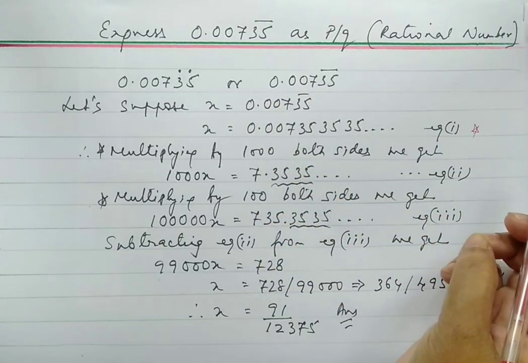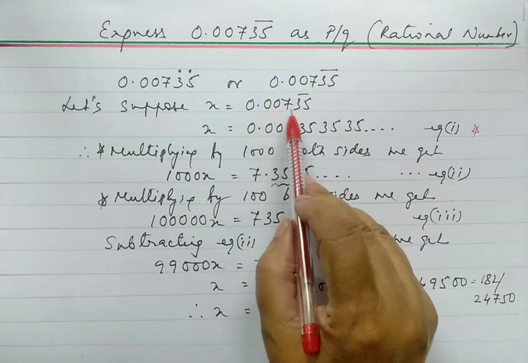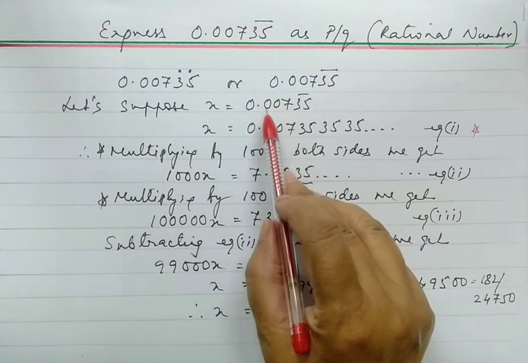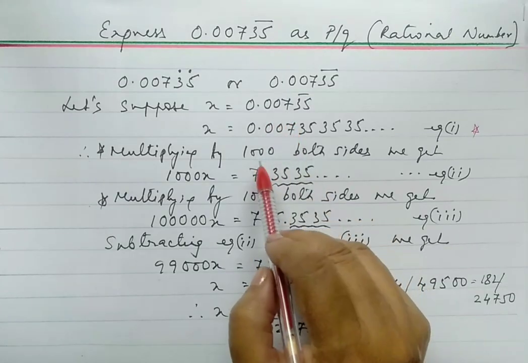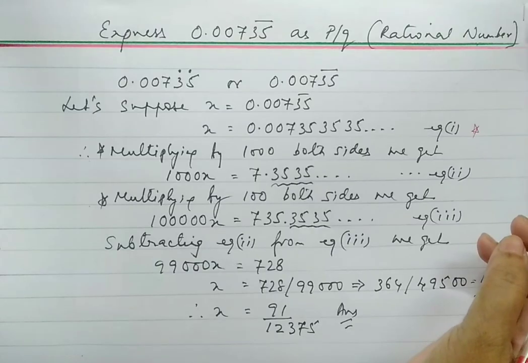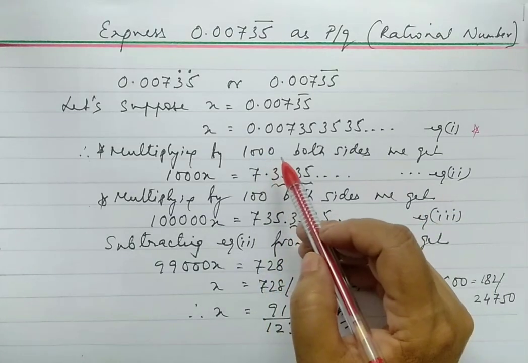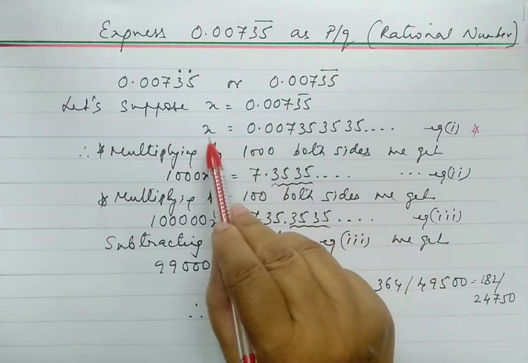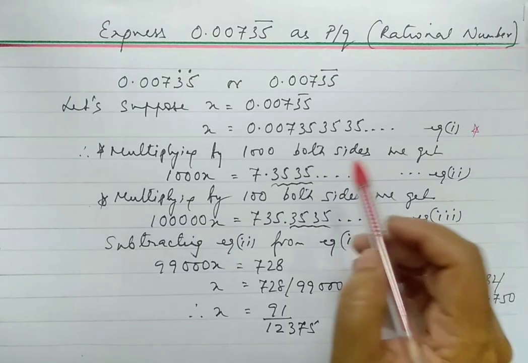Remember, 3 digits. So if there are 3 digits after the decimal point which don't have the bar, we choose 1,000 to multiply both sides. All right, why 1,000? 3 zeros here. Remember, as simple as this. Got it? So we multiply x as well as this number by 1,000 on both sides.